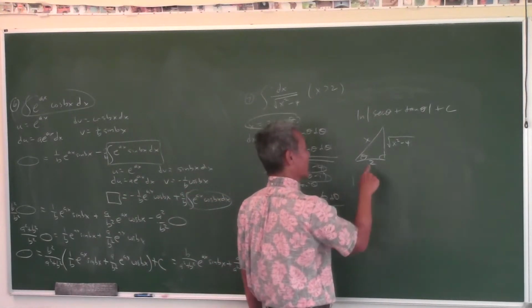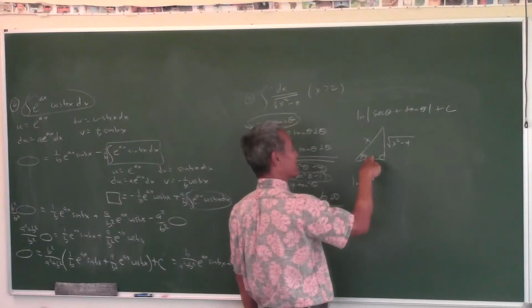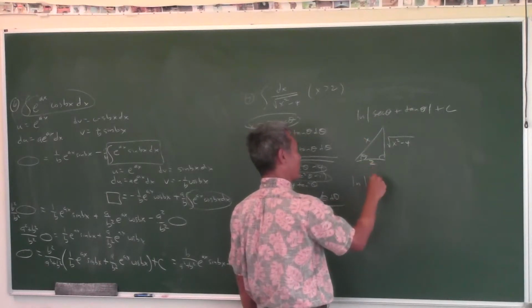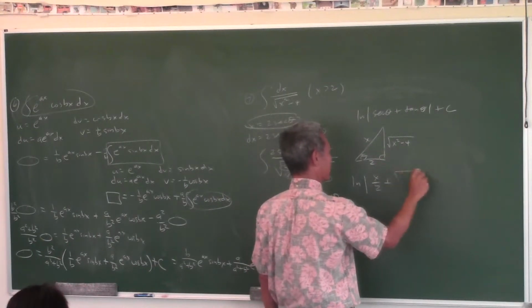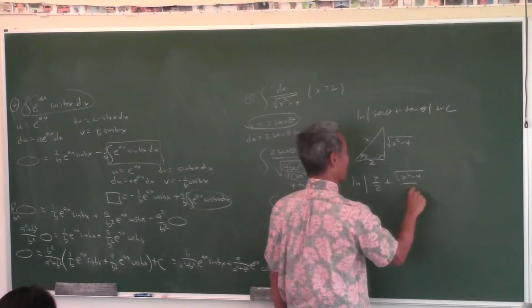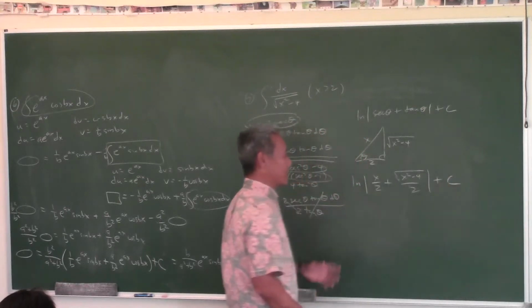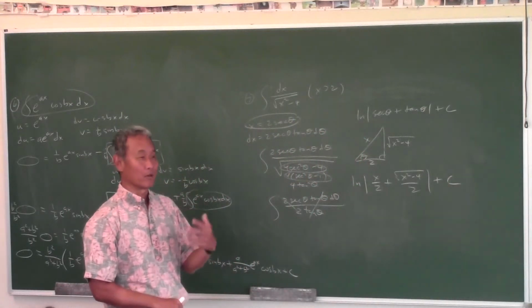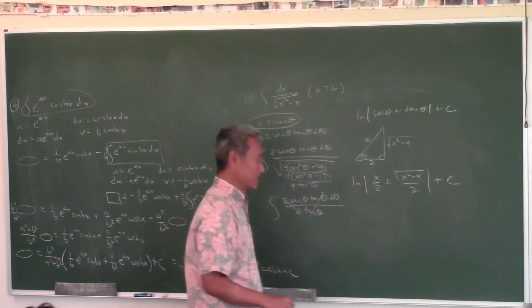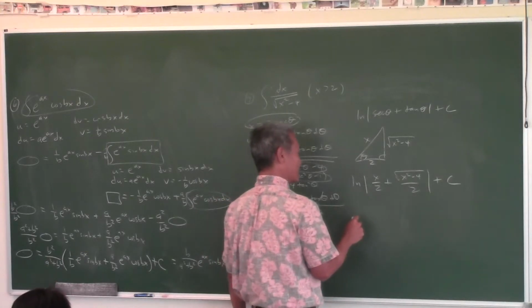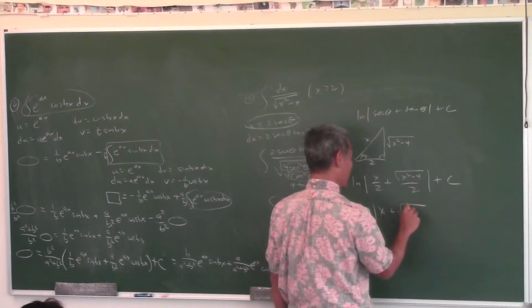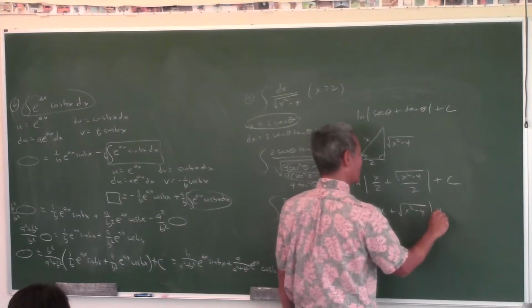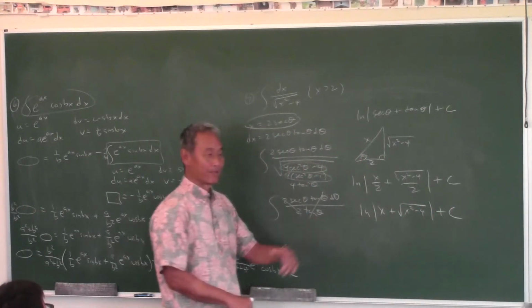So looking at the triangle, secant theta is hypotenuse over adjacent, plus tangent is opposite over adjacent. Okay, this is the correct answer. However, come on, we're above BC calculus now. So this should be your final answer: natural log absolute value of x plus the square root of x squared minus 4, plus c. That should be the final answer.